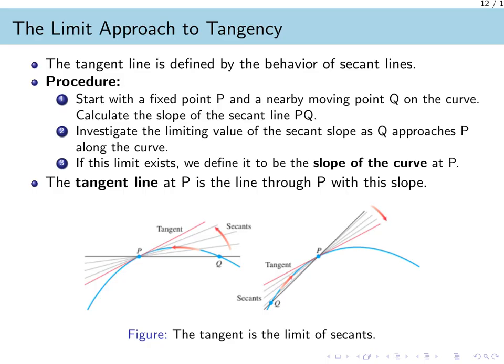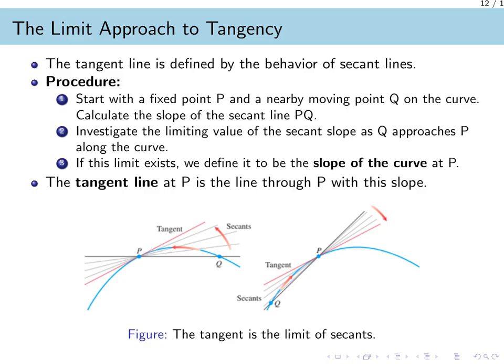A secant line is simply a line that passes through two distinct points on the curve, which we can call P and Q. The core idea is to then investigate what happens to the slope of this secant line as we slide the point Q closer and closer to point P along the curve. We are looking for the limiting value that the slope approaches as the distance between P and Q shrinks to 0.